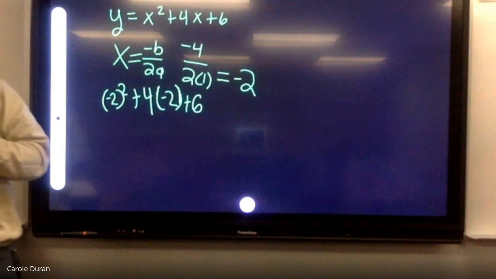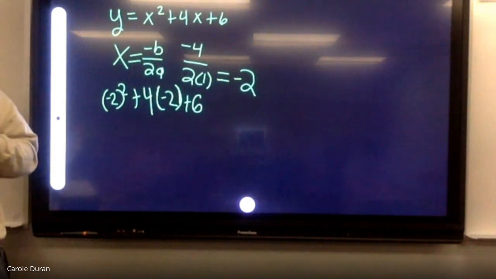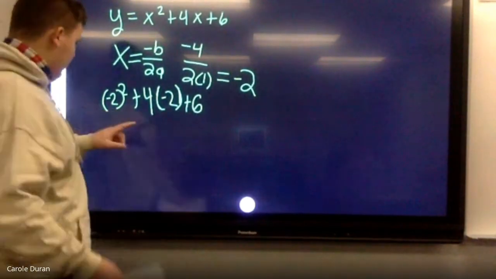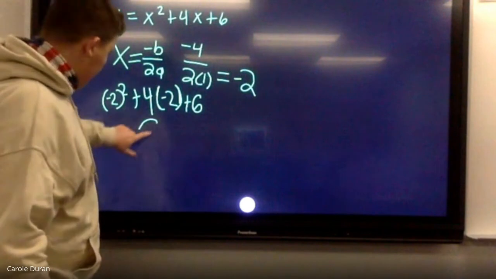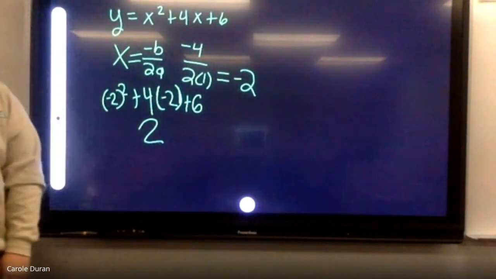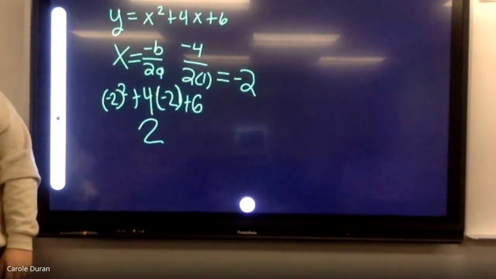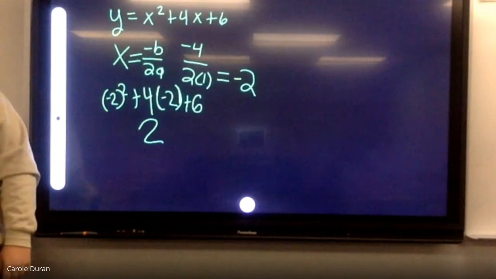Okay, so what did it come out to be? What did you just find in that second step? We found what specific point on our graph? What do we call that point?